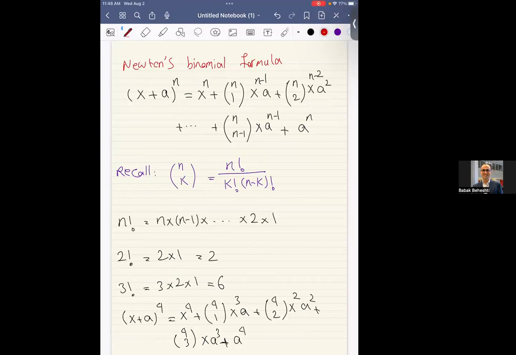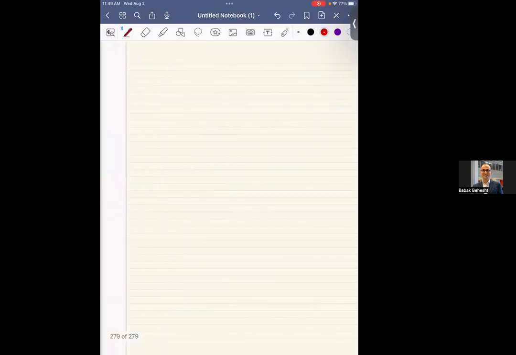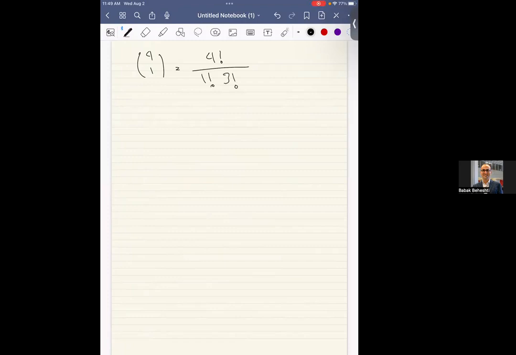So 4 choose 1 is 4 factorial divided by 1 factorial times 3 factorial. But 1 factorial is 1, and 4 factorial divided by 3 factorial is just 4. This is 4 choose 1.